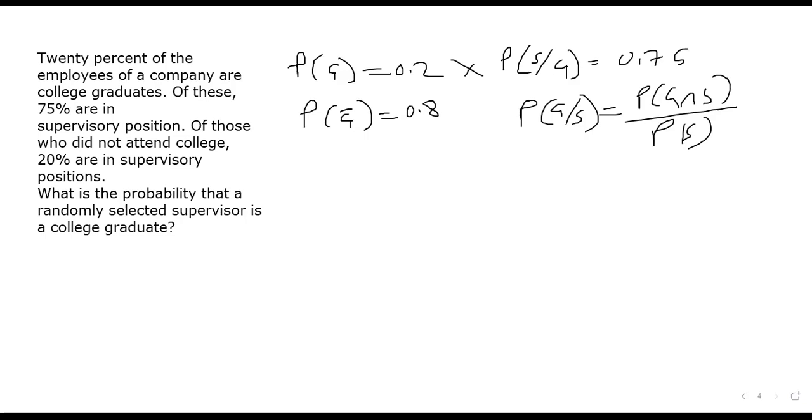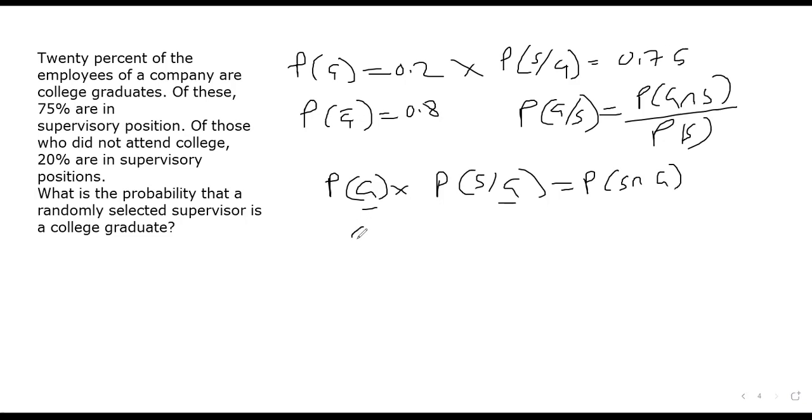So let's do this. Probability of G times probability of S given G is going to be equal to, I said, whenever these two are kissing or multiplying, we're going to get an intersection. This is S intersection G. Probability of G is 0.2. Probability of S given G, 0.75. So 0.2 times 0.75, we get 0.15.